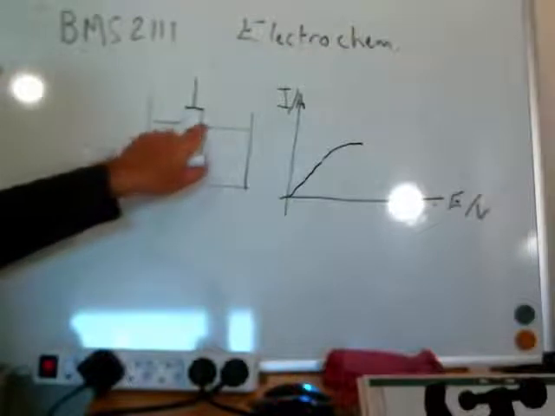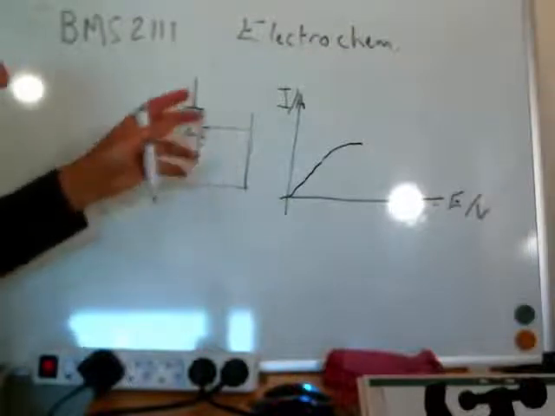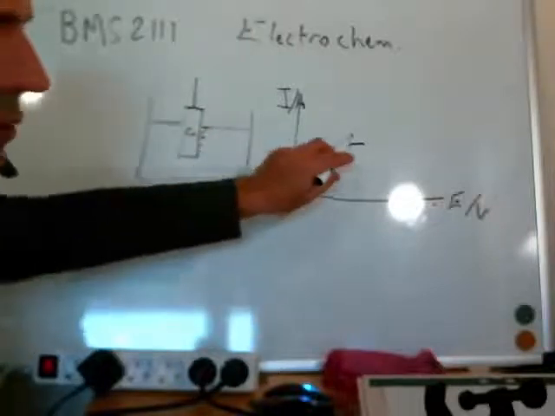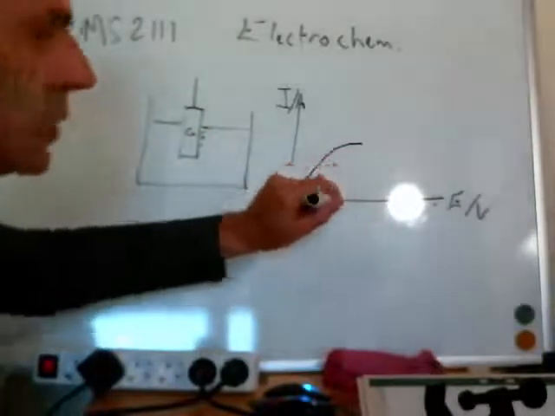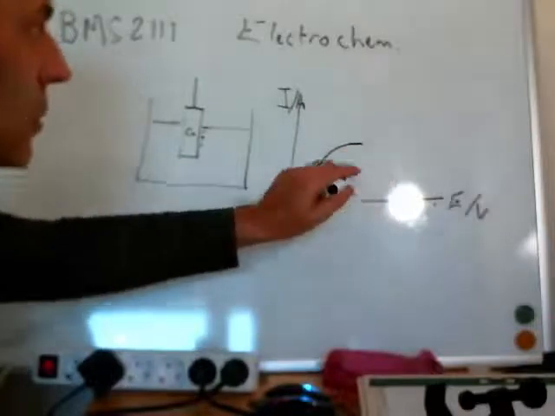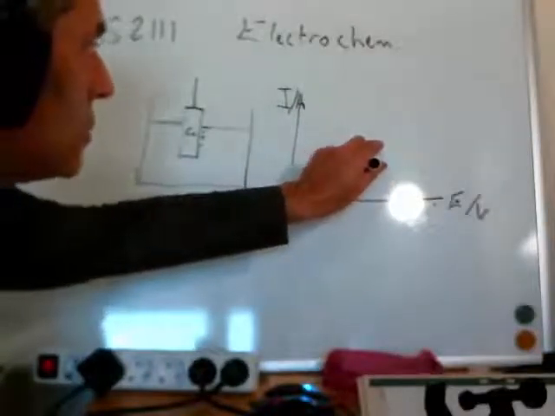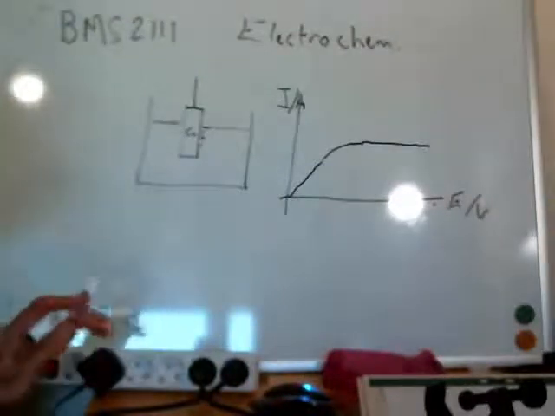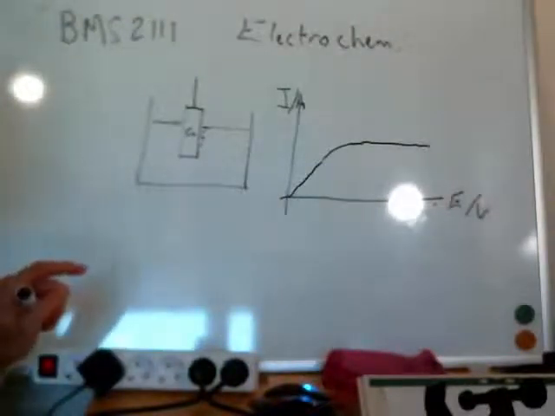If we do it too hard we will start to deposit some kind of copper oxide, copper hydroxide on the surface, and it will interfere with our dissolution, limiting the current. In extreme cases it makes it go back down again, but let's do a simple case where we reach a maximum. So that would be a simple electrochemical process.